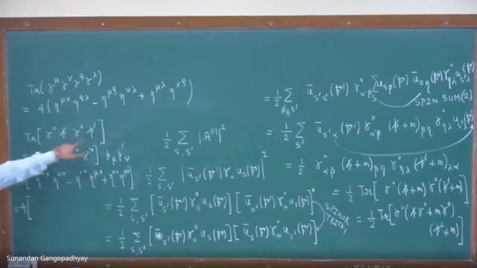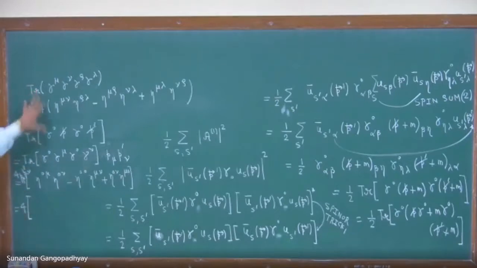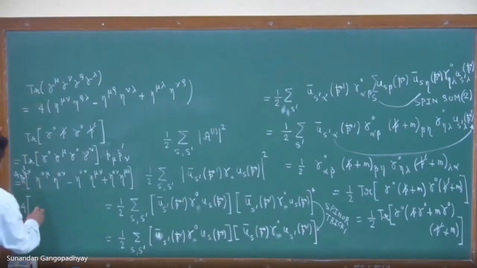Yes. So we are trying to calculate, and here we have just taken out these factors p mu and p prime nu, and then applied the formula for the trace. This is the formula. And now if you contract eta 0 mu, this will give us p0 for the first term, and for the second term we have p prime 0.